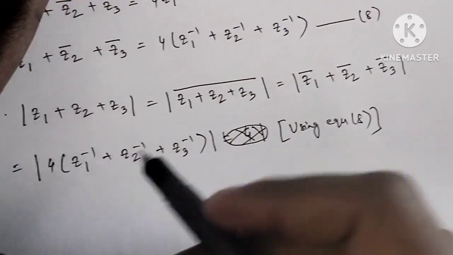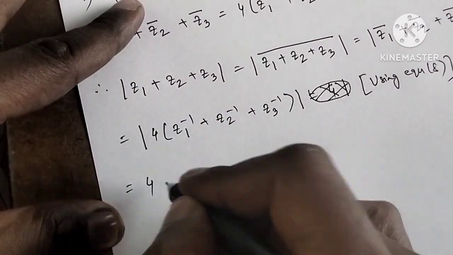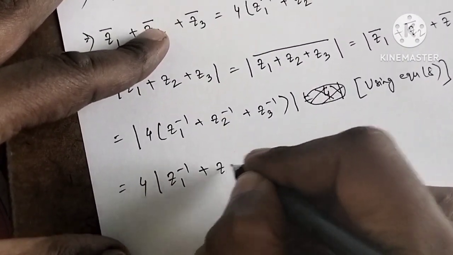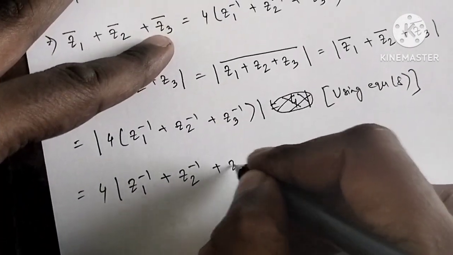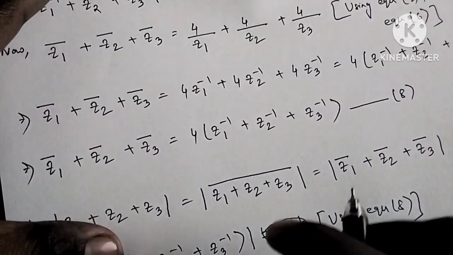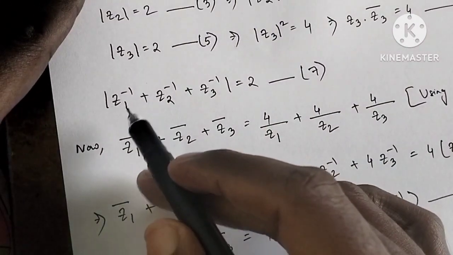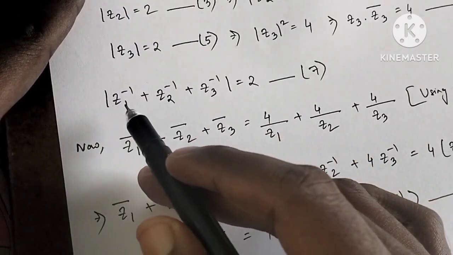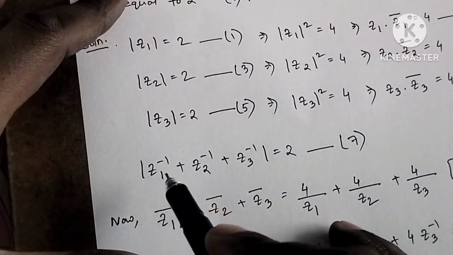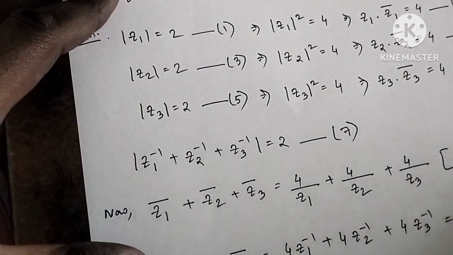So 4 comes outside, times z1 to the power minus 1 plus z2 to the power minus 1 plus z3 to the power minus 1, all within the mod. Mod of z1 to the power minus 1 plus z2 to the power minus 1 plus z3 to the power minus 1 is 2, equation 7.